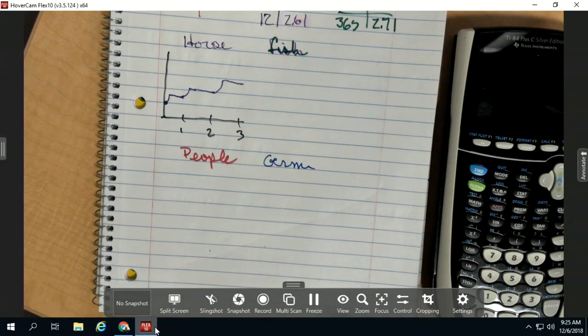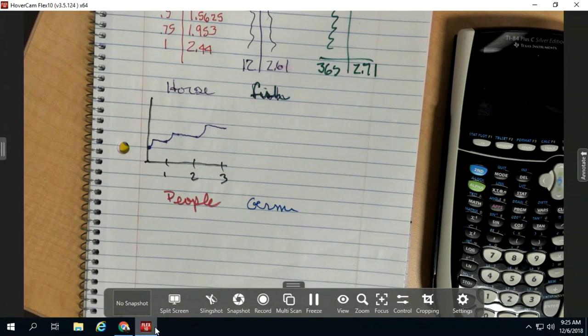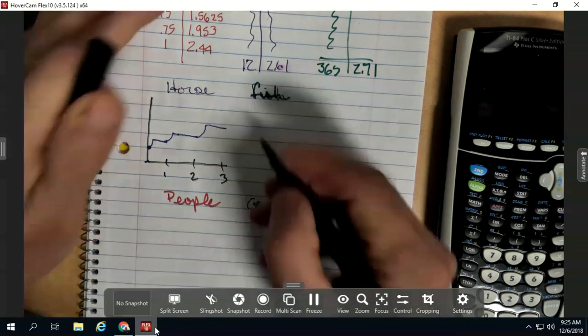If you were going to graph population of fish, I chose them on purpose. We're talking just about number. Okay, I'll do it. First of the year.